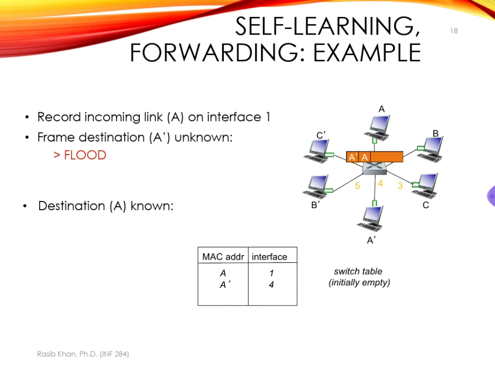However, right now, from the current status of the switch table, the switch can see that the destination A is reachable through interface 1. So instead of flooding it on all interfaces, it can now selectively send the frame to host A through interface 1.